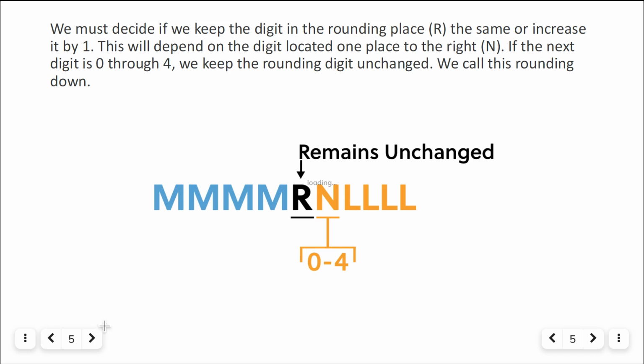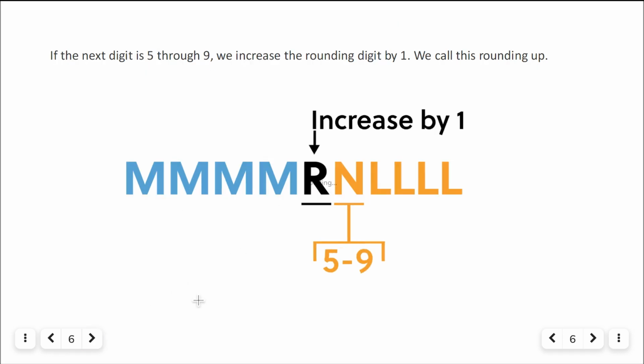Okay? So again, same idea. If this number here that we're going to use to round is from 0 to 4, we keep this number the same. If this number here is from 5 to 9, we're going to round this number up to the next number.